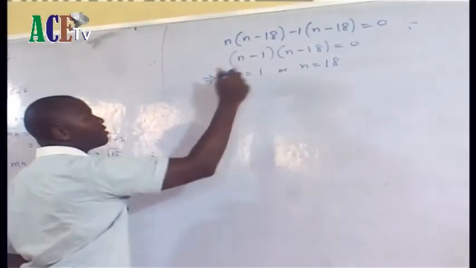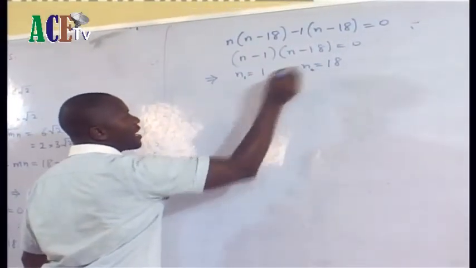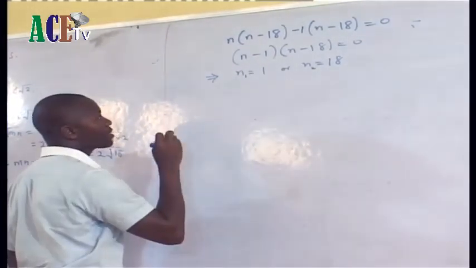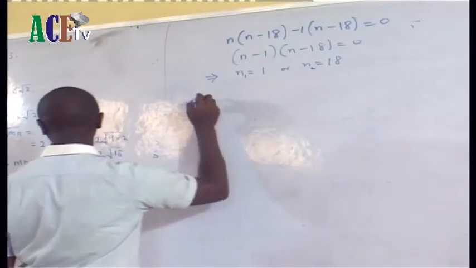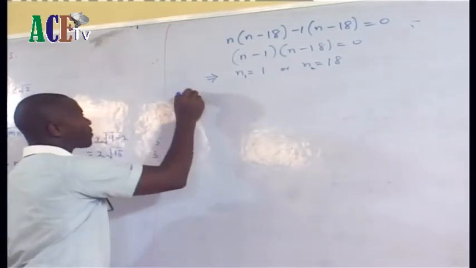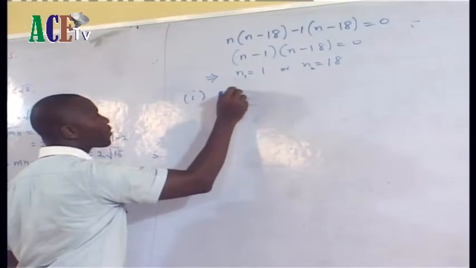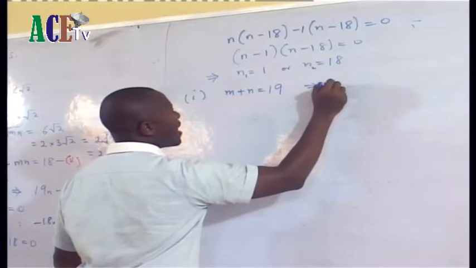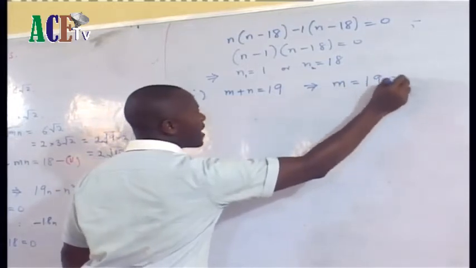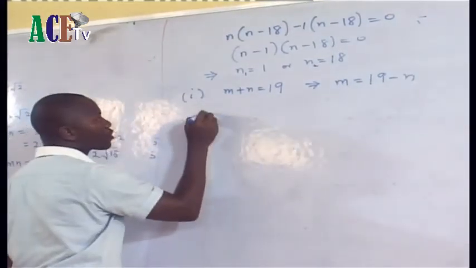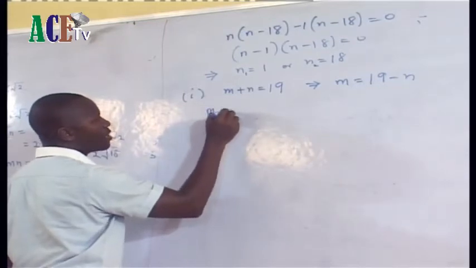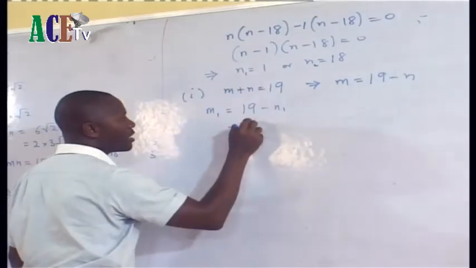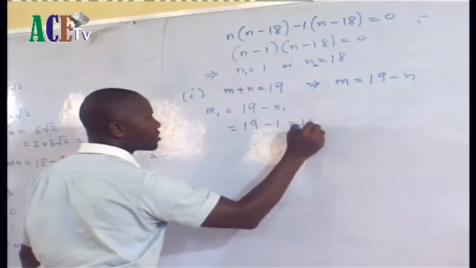We can label these as n1 and n2, since we have two solutions for this quadratic equation. Now, coming back, from equation 1 we have that m plus n equals 19, which implies that m equals 19 minus n. For n1 we substitute the value, and this gives us 19 minus 1, which is 18.